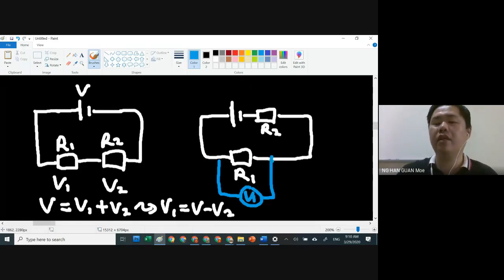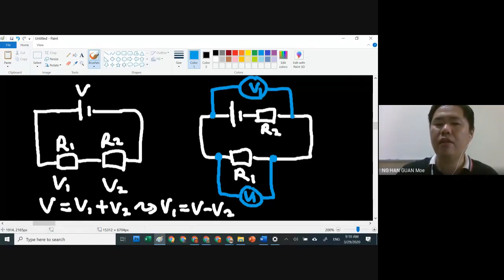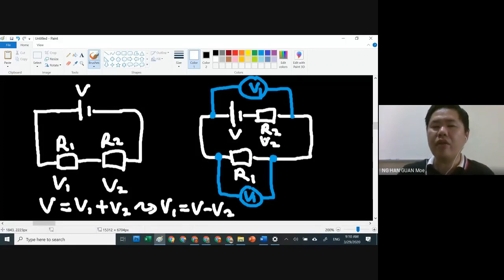And then this connection is the same as the previous connection, I cover these two. But the problem is, when I cover these two like this, I write here V and V2, the V across the output, right? How do you relate V and V2 with V1?